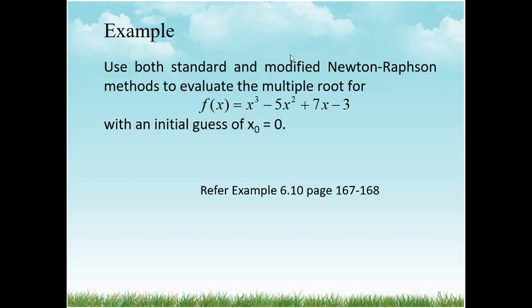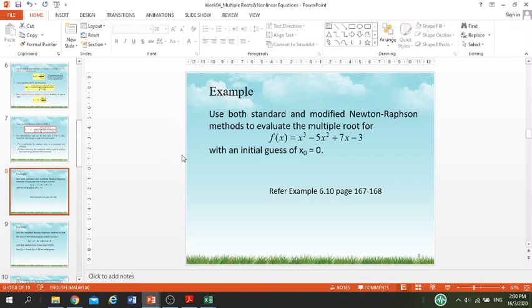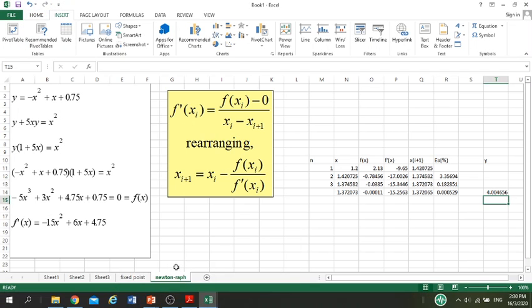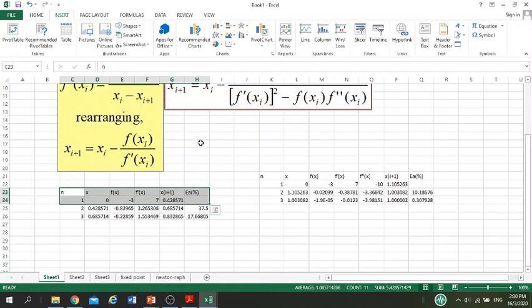This question asks us to use standard and modified Newton-Raphson methods to evaluate the function. This is an example of a third order polynomial. The initial guess x naught is given as 0. I have done some initial work on this.